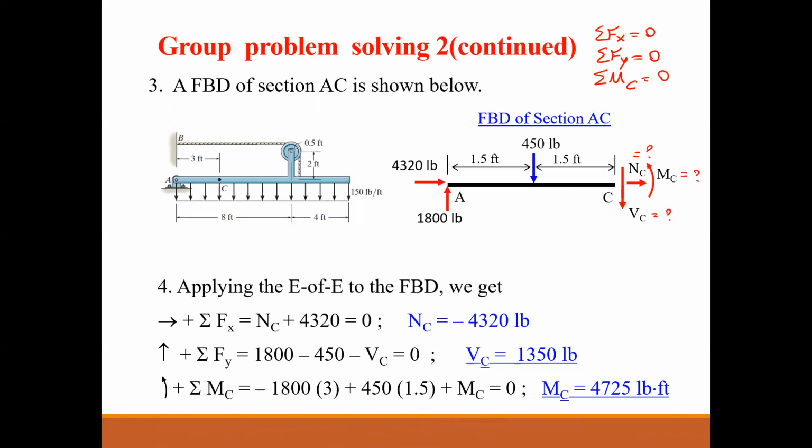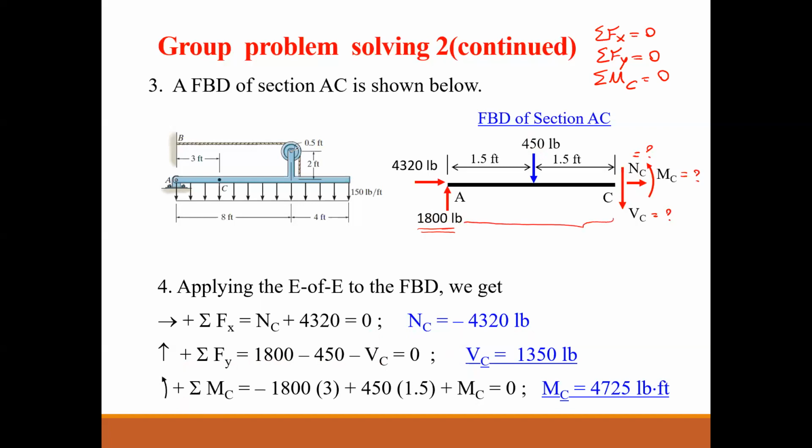All right, let's see the answer. So like I said, for x, it's only this force and NC, so you can solve for NC. For Fy, the only forces in the y direction are 1800 and 450 pounds. You can solve for VC. Getting the moment about C, it's 1800, which is this one, multiplied by the distance.